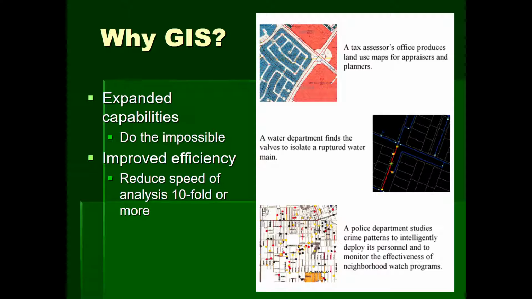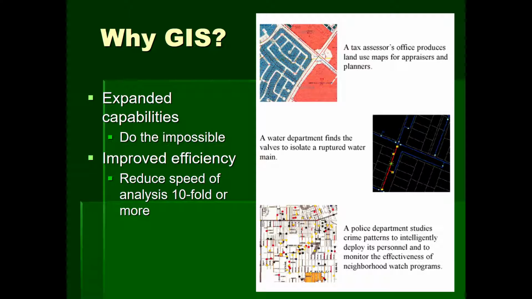So, in a government type situation, we might see a tax assessor using GIS. A water department might use it for water lines and sewer lines and that sort of thing. Police department could use it to analyze crime patterns. They could also just use the GIS system to keep track of facilities.